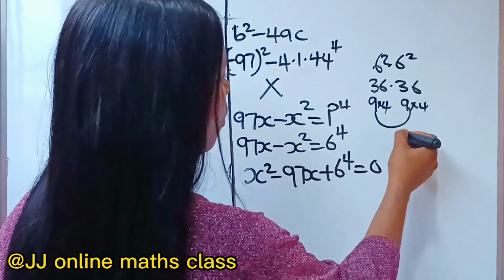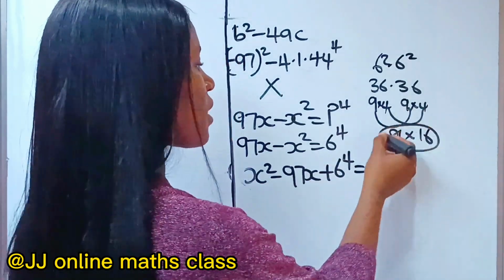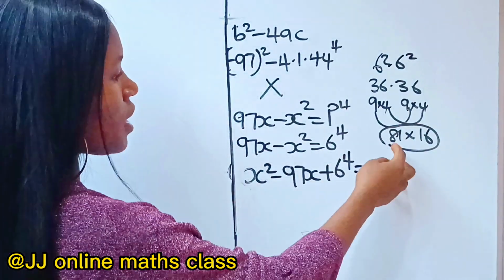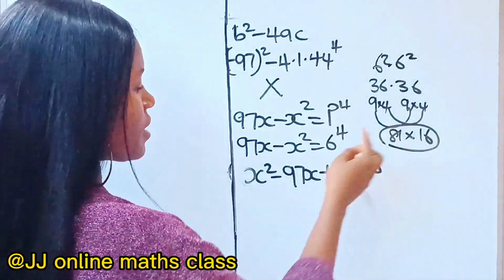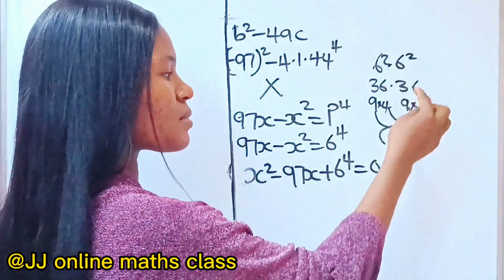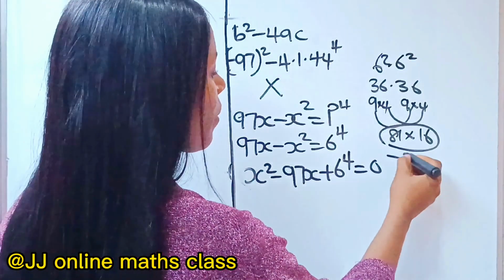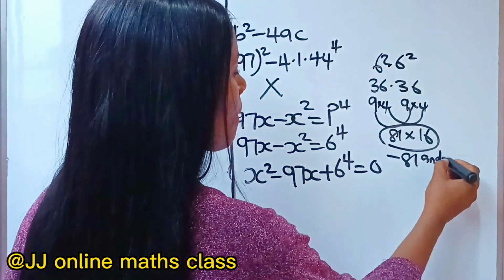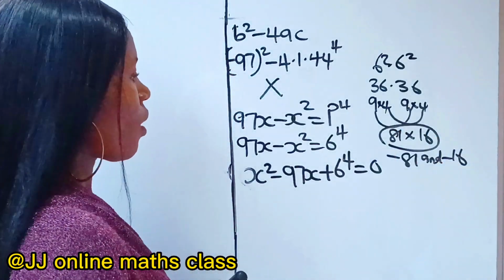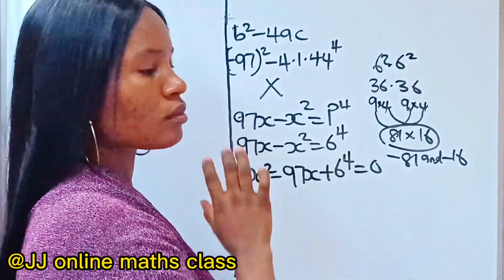Then that means we can call this 81 times 16. And these are the factors that we are looking for, because 81 minus 16 will give us minus 97, while minus 81 times minus 16 will give us 6 to the power of 4. So we are looking for minus 81 and minus 16.